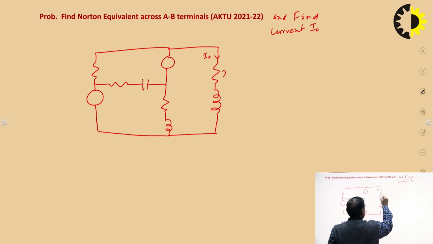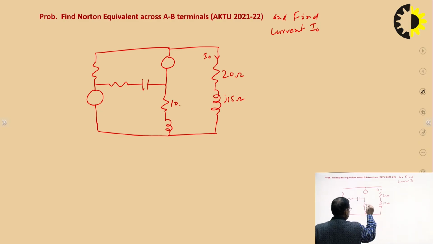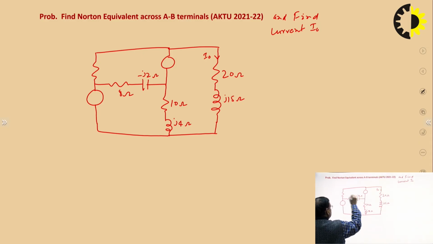So, this is your 20 ohm, this is your J15 ohm, this is your 10 ohm, and this is your J4 ohm, minus J2 ohm, this is 5 ohm, and this is a voltage source of magnitude 40 angle 90 volt.